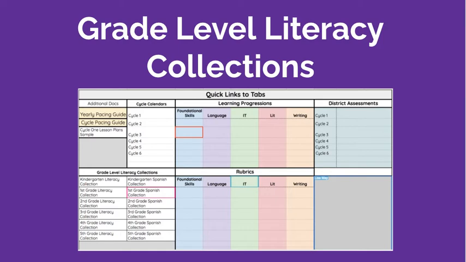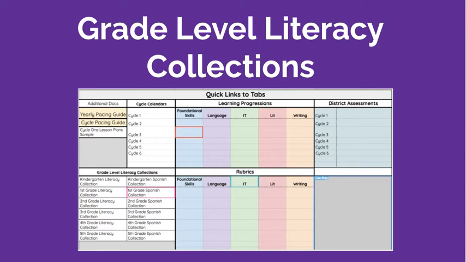This is the home page where you will find all of the documents that you need that are literacy related. So there will be yearly pacing guides on there for you, and then a cycle pacing guide. We've reverted to the word cycle, which is about 5 to 6 weeks of instruction, because ReadyGen calls their units by that name, and we didn't want to get confused since we'll be using multiple ReadyGen units within a cycle.